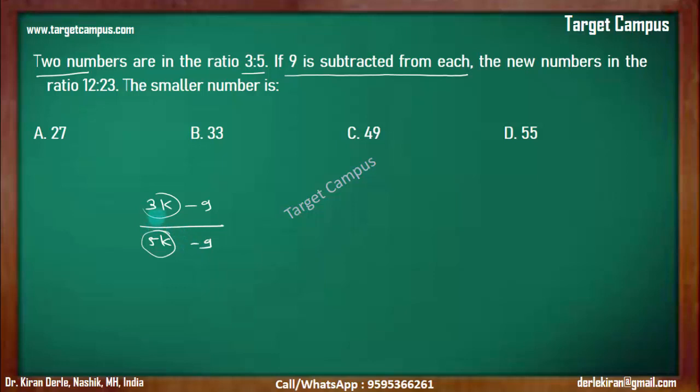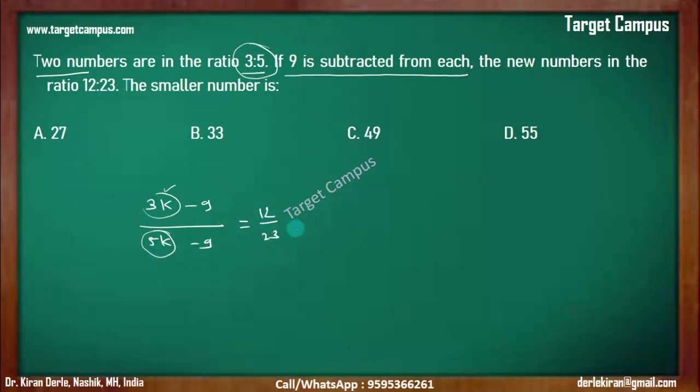You cannot take 3 minus 9 and 5 minus 9. You have to take a common multiple because this is a simplified ratio. 3 is to 5 are not the actual values. They are the simplified ratio of some values. So we take any common multiple. You take 3x, 5x, no issues. If 9 is subtracted from each, the new numbers are in the ratio 12 to 23.